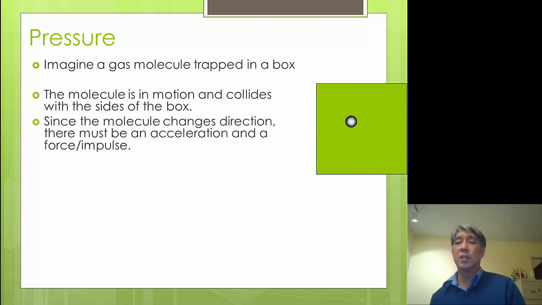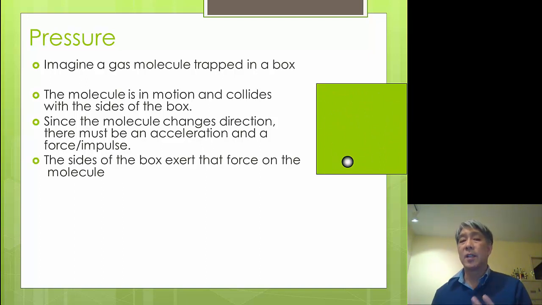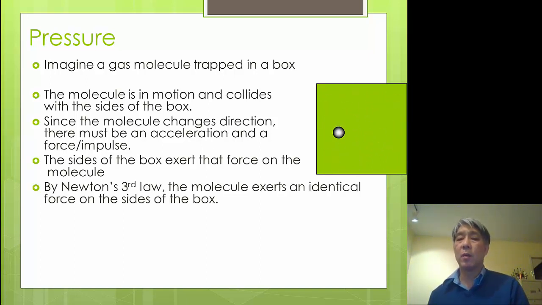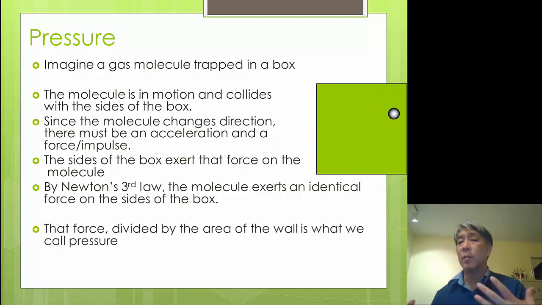As a result, it changes direction, which means that there's an acceleration and a force or impulse on this molecule. The sides of the box exert that force on the molecule, and Newton's third law says that the molecule exerts an identical but opposite force on the side of the box. And it is that force, imagine lots and lots of molecules, divided by the area of the wall that we call pressure.